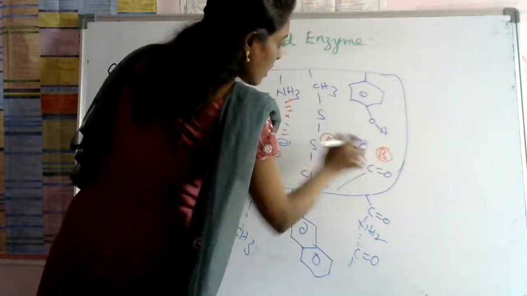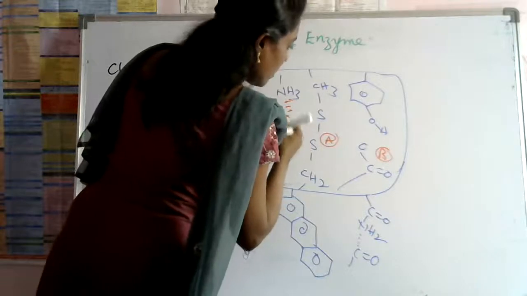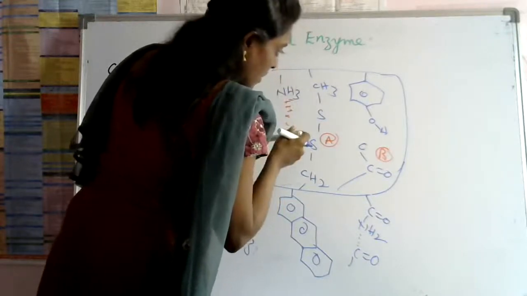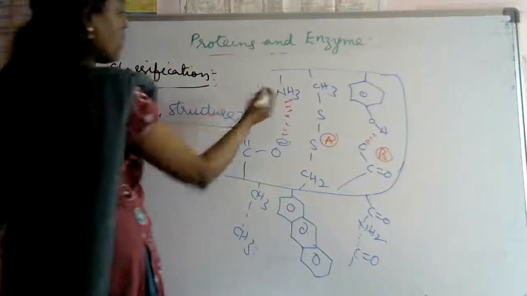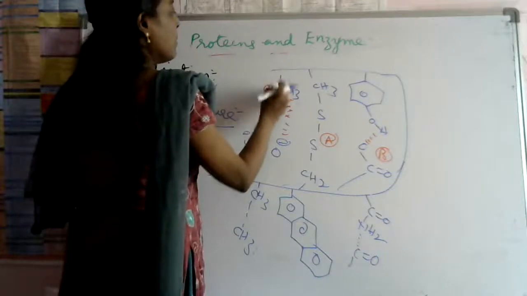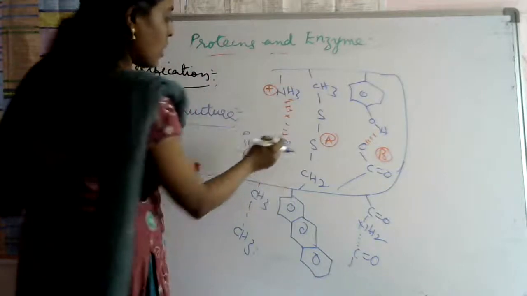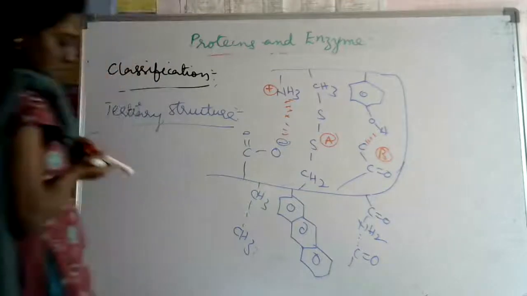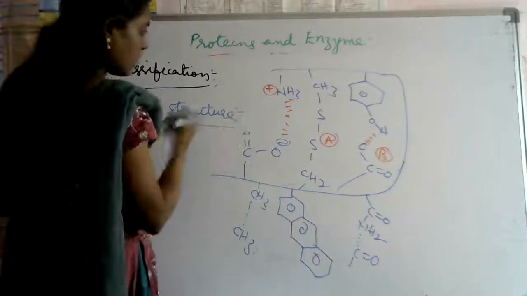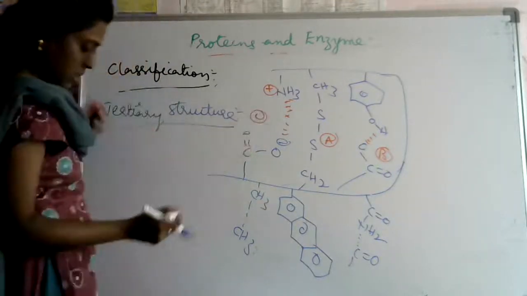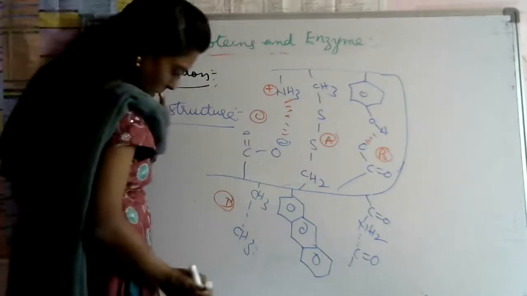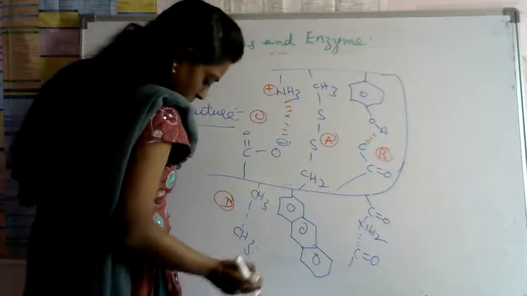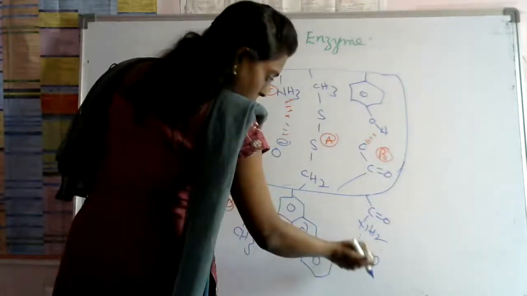Actually COO is there, but we have to write COO minus. Here ionic bond will be there. NH3 plus, this is the minus. So this is a C type. Here this is a D. E, C. This is also C.